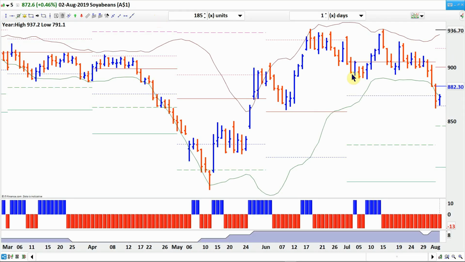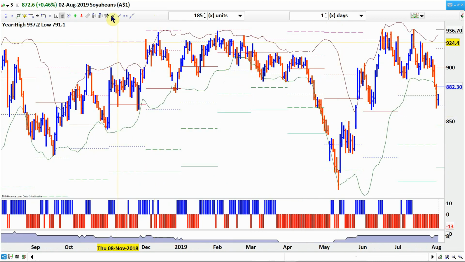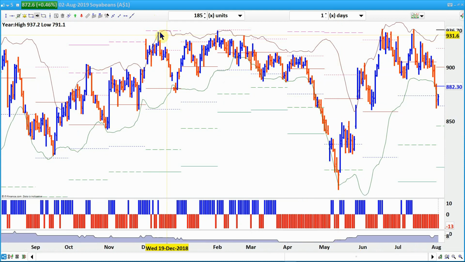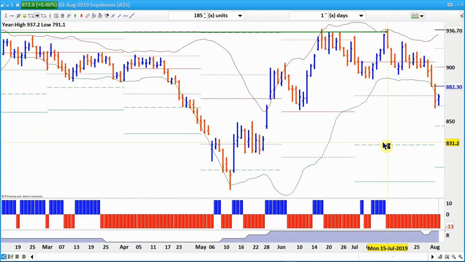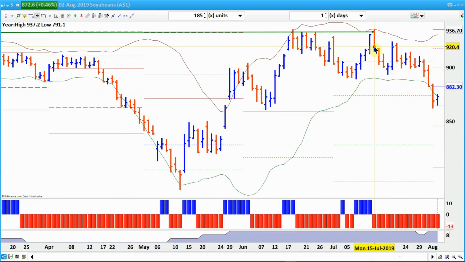So Pankaj, what did you do on this? Triple, quadruple top. Yeah, many tops here. So we can see that from here to here, double top, triple top, quadruple top, queen top. After seeing this queen top, what did you do? I went short when the low was taken out around 15th of July.